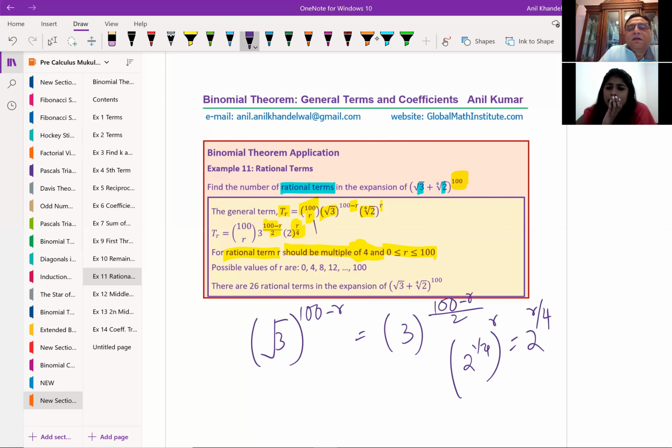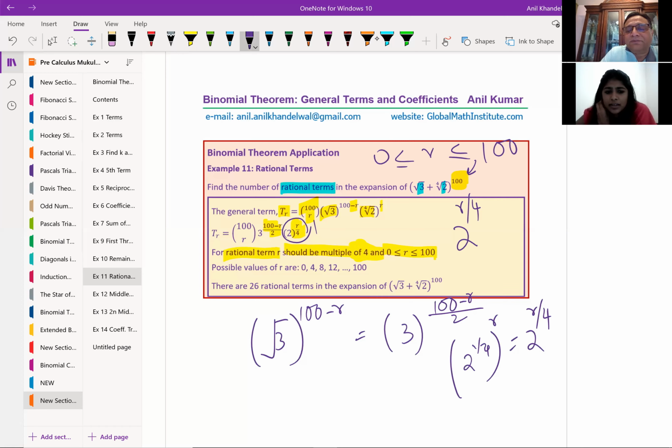We have 2 to the power of R over 4. So if I want natural numbers, then R should be 0, 4, 8, and so on. Otherwise, we'll have an irrational number. Got the concept, right? R value is between 0 to 100, correct? Right. Because the index is 100.